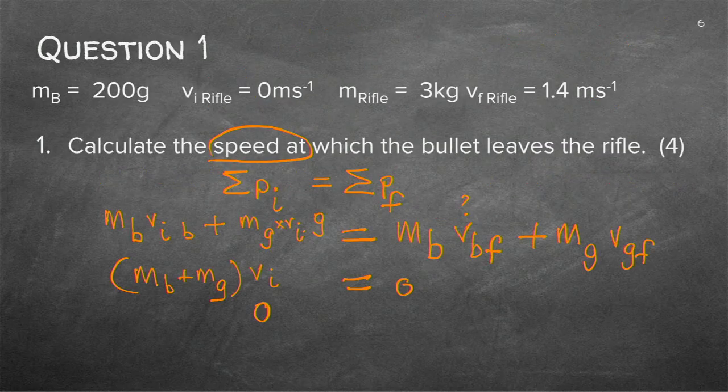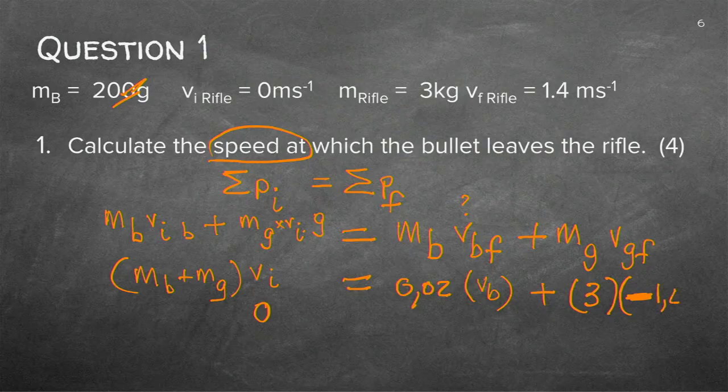Just bear in mind, it's not 200 grams. It's 0.02 kilograms. It's got an unknown velocity, and we know the rifle was a 3 kilogram rifle, and it was going backward, guys, minus 1.4.